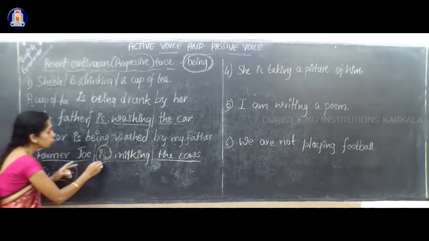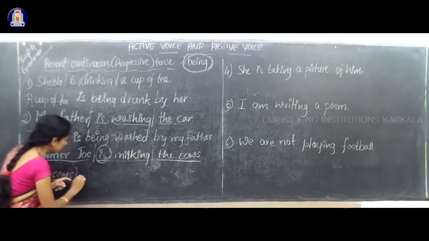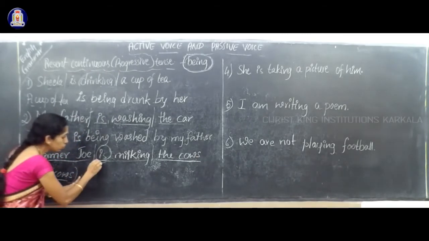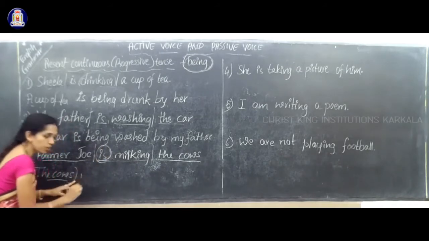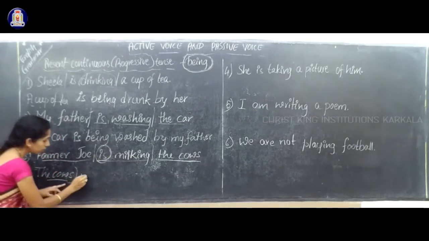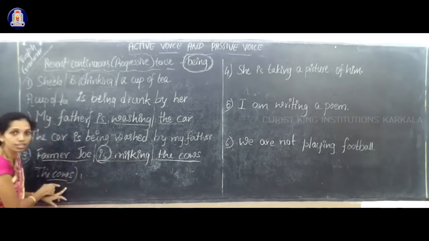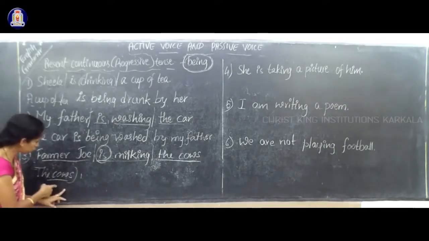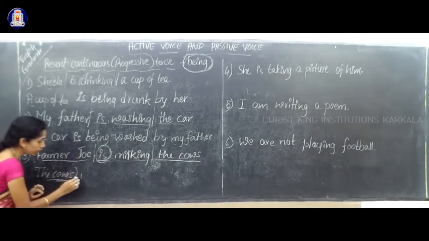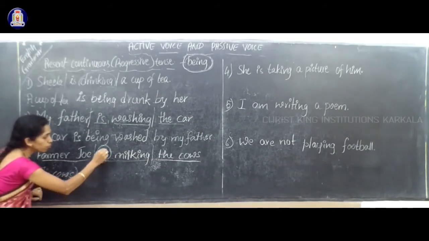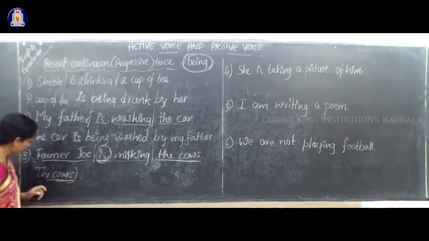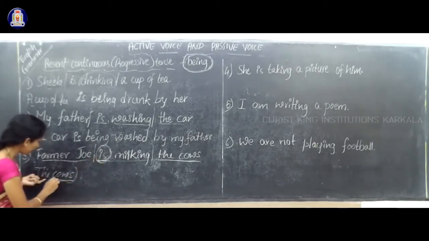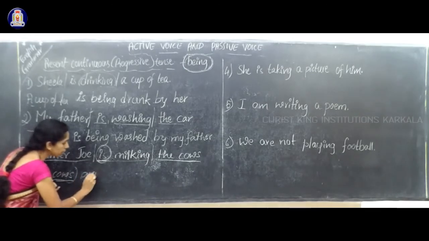So now you cannot use the same is here itself. You cannot use this is in this place. Why? Because the verb must agree with the subject. So since it is plural here, you have to use the plural of this. And what is the plural of is? Are, right? The cows are.